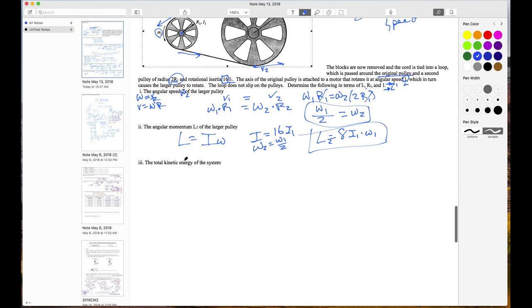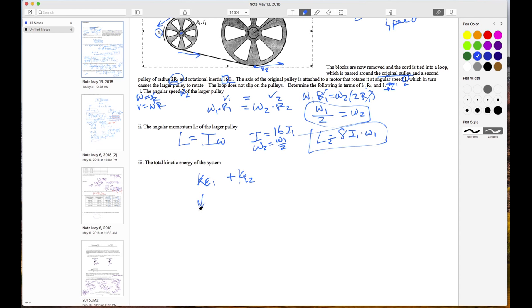And what is the total kinetic energy of the system? Well, this would be the kinetic energy of the first pulley plus the kinetic energy of the second pulley.